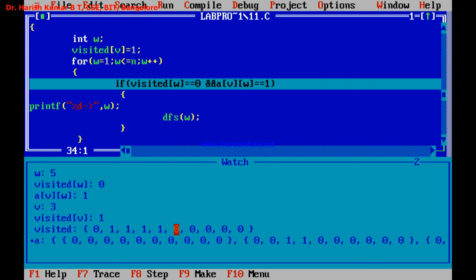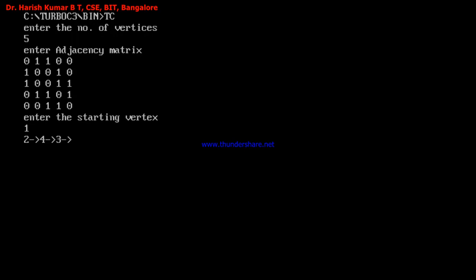Yes, 5 is not yet visited. And you have to check what is the most recent node that we visited right now. It was 3. So v value is 3. I am trying to check whether there exists a path from 3 to 5. So let me go back to the matrix.